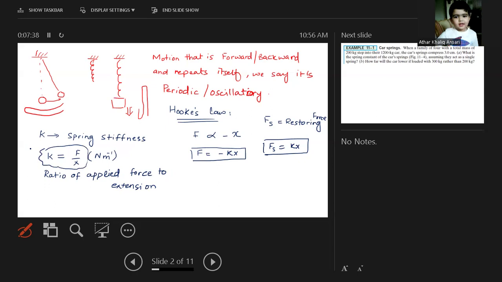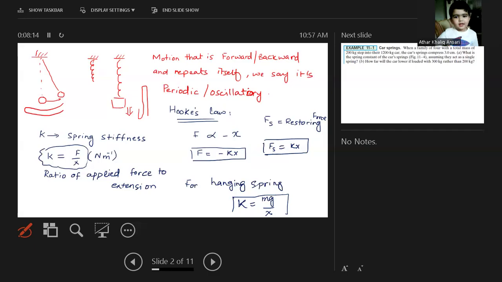Normally displacement is in centimeters, so we convert it to meters by dividing by 100. Now, if the spring is hanging, what would k be? For a hanging spring, k is equal to the force, which is the weight, mg over x. It is done the same way, but as mg over x, because the weight is converted into force.